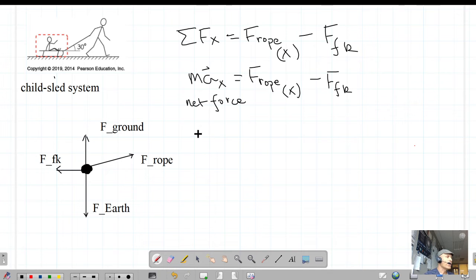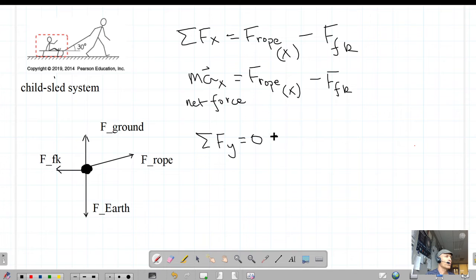For the y, for the vertical, sigma Fy, so the sum of the vertical forces, the forces in the y dimension, that I know would equal 0 for a person pulling a child sled system across level ground, because the child sled system is not accelerating up or down, so they must equal 0.